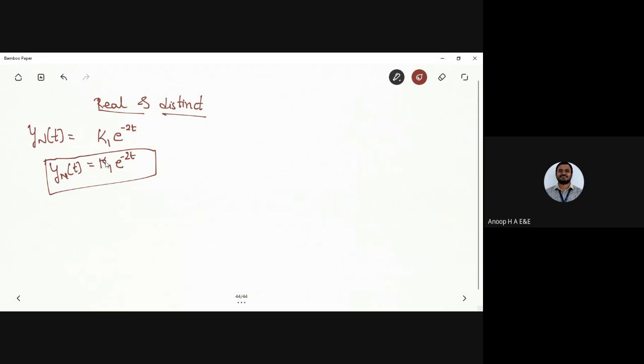Got it? So this is how we are going to write the root of the characteristic equation, which is minus 2, and we are going to find out the natural response of the system to be k1 e power minus 2t. Okay, so this is how you will be writing the natural response of the system.